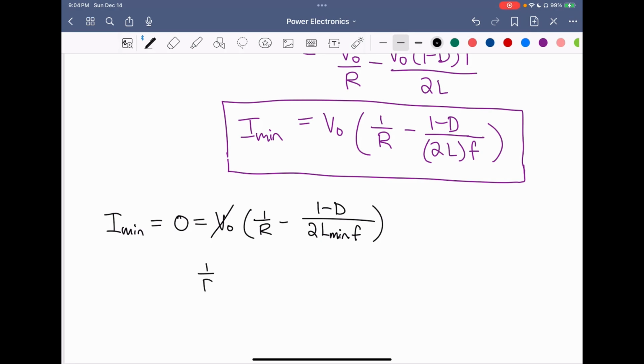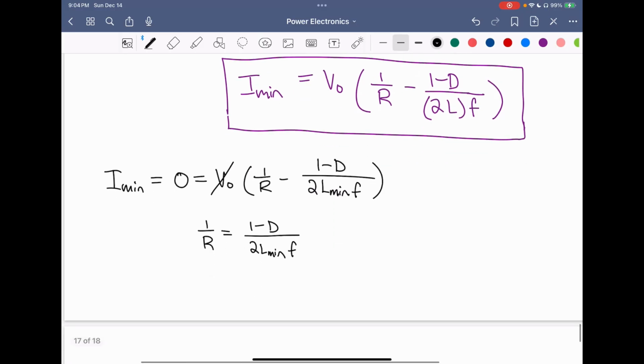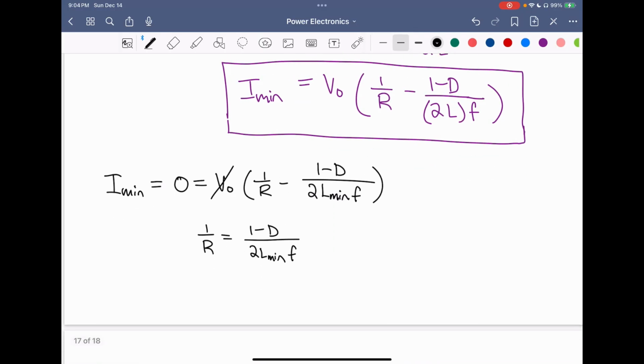Then we just get 1 over R equals 1 minus D over 2 L min times F. So if we isolate L min, we get that the minimum inductance needed to be in the continuous mode is 1 minus D times R over 2F. And this is for continuous current operation.